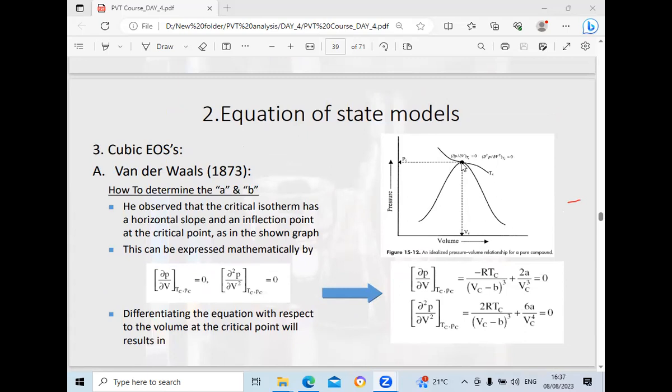At this turning point, the gradient of this graph is 0. And generally, the gradient of a graph is obtained by differentiating that function.